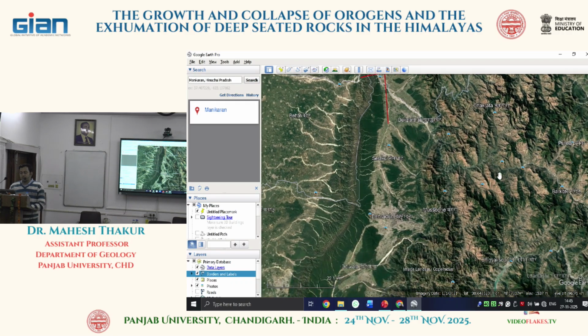So when I see any area, I try to figure out how this has formed. What is the anomalous thing here? Is it normal or is it behaving abnormally?